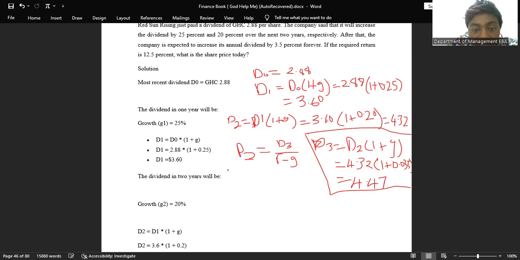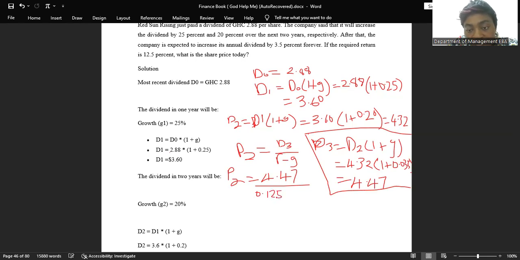So to get the price at year 2, you are going to have 4.47 all over the rate, which is 12.5%, that is 0.125.